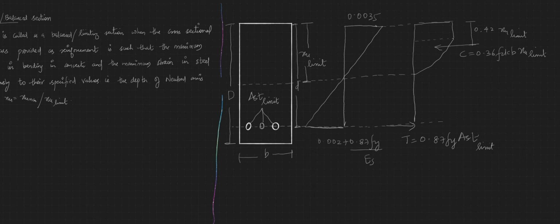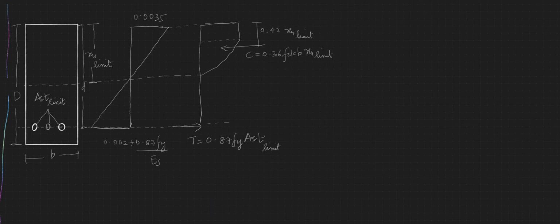Now the moment of resistance with respect to concrete I could write as C into lever arm. What is the lever arm here? The lever arm is the distance D minus 0.42 XU limit.